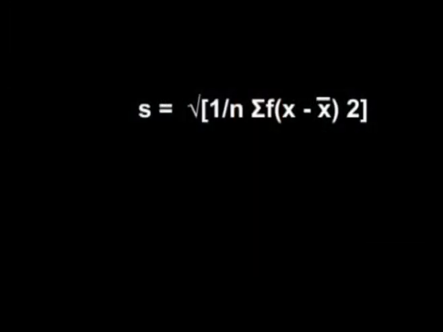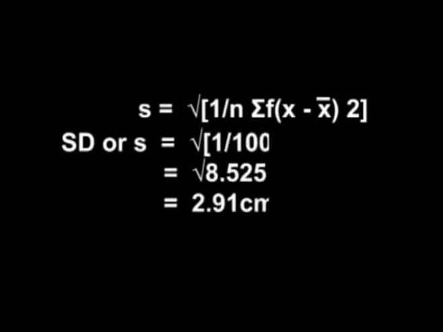In this way, we get the formula for standard deviation: summation f (x minus x bar) whole square divided by n, and the entire expression is square rooted. Thus, from the above distribution, we get a standard deviation of 2.91 centimeter.